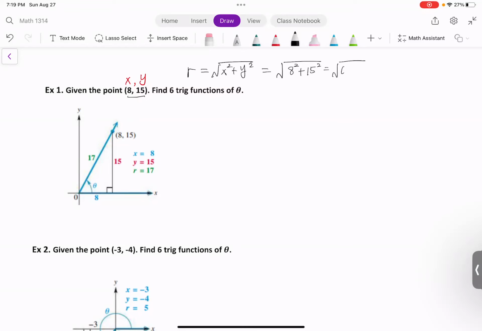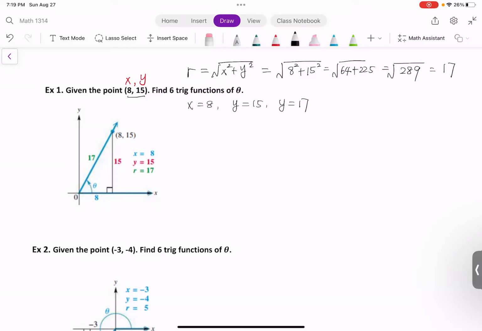That's the square root of 64 plus 225, which is 289, and that is 17. So r's value is 17. So x equals 8, y equals 15, r equals 17. Now I can list all 6 trig functions.